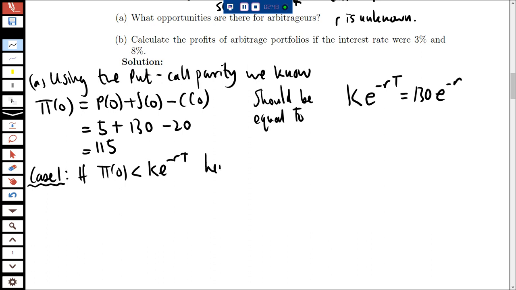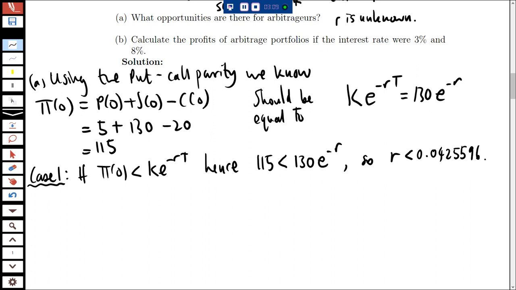Okay, so some simple rearranging. We've got the portfolio is 115. It's dominated by 130 e to the minus r. Some rearranging gives r is less than around 4.25596%. We can write as decimal.